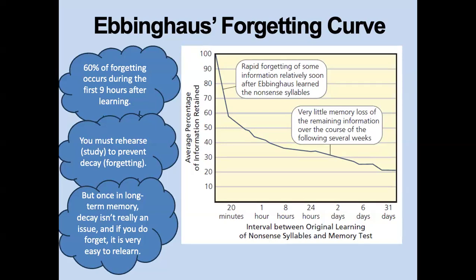But once information is encoded into long-term memory, decay isn't really an issue anymore. Memories in long-term memory are pretty much just there. They can fade, or they can be a little bit difficult to retrieve, or whatever it is, but it is very, very easy to relearn information that is encoded in long-term memory, even if it's a little bit rusty.